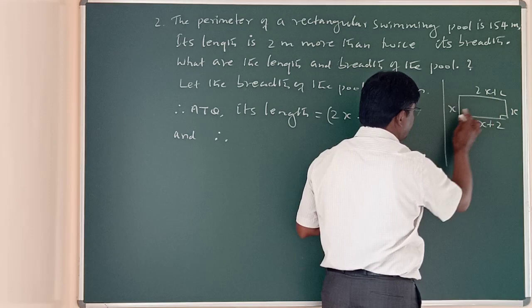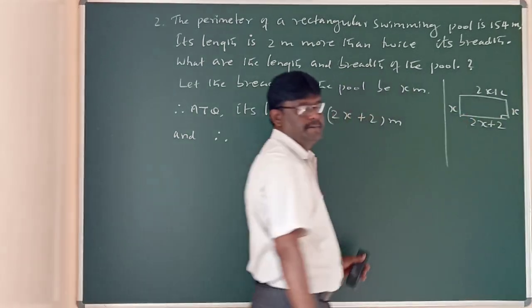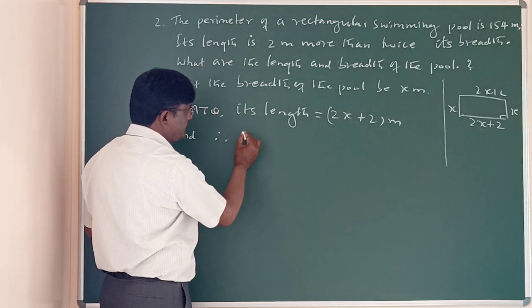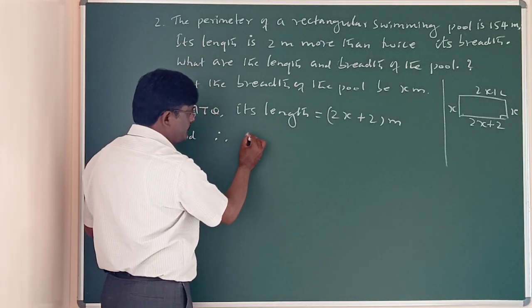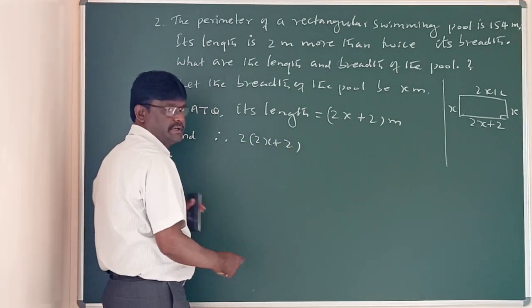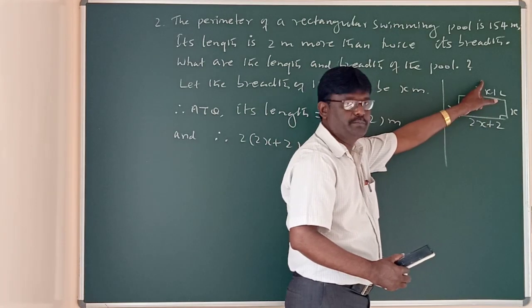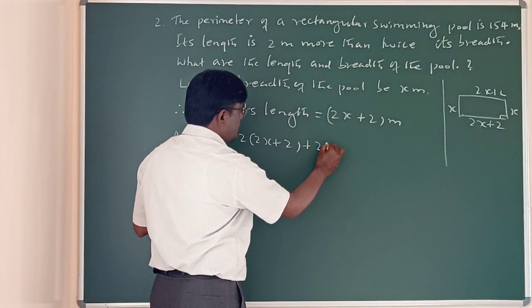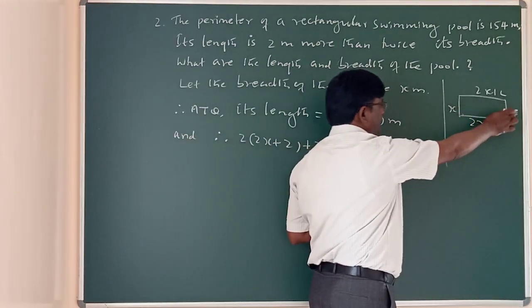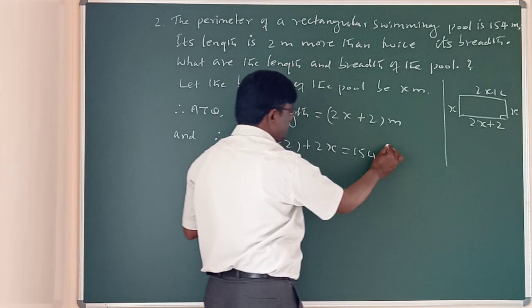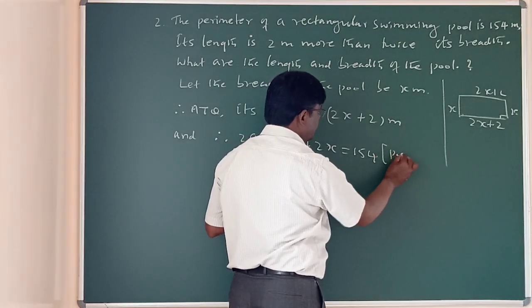Perimeter is 2 times (2x plus 2) plus 2 times x, that is 2x plus 2 plus x, equal to 154, since the perimeter is given as 154.